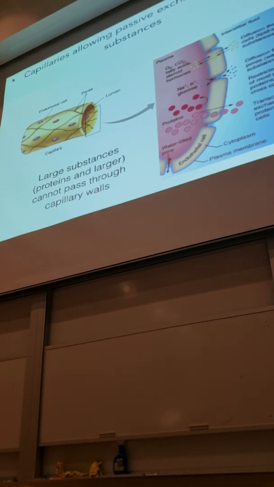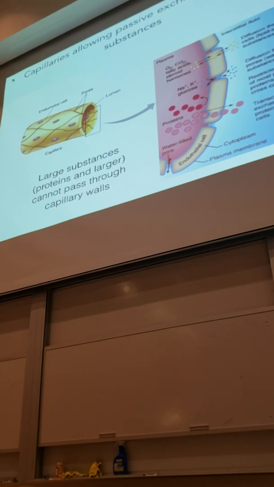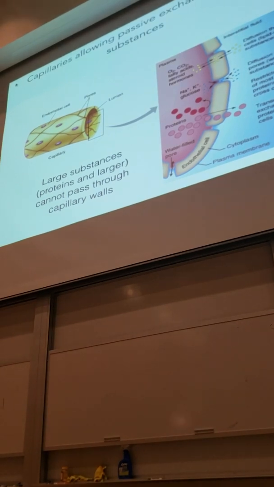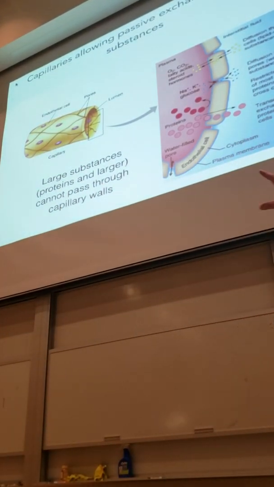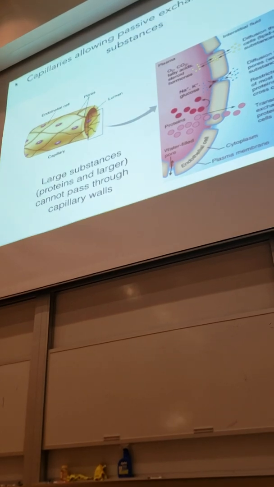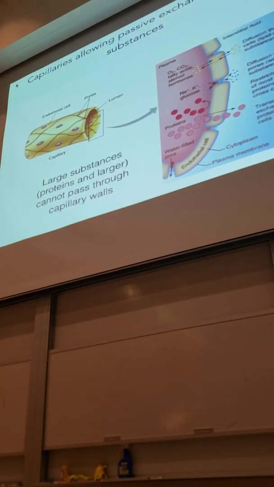There's several ways that this happens. We can lump them into everything you see here, and then something called bulk flow. So everything you see here, what is it? Well, we've got diffusion, right? This is a major way that things move, and we're looking at the inside of a capillary as the red here, as blood plasma, right? And things can go either through cells, if they can pass through the cell membrane, right?